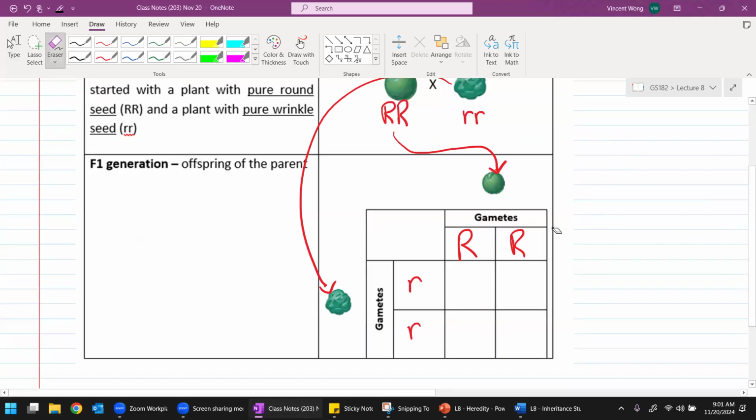So this table here is called a Punnett square. We use it to figure out the probability and the expected ratio of the first generation.